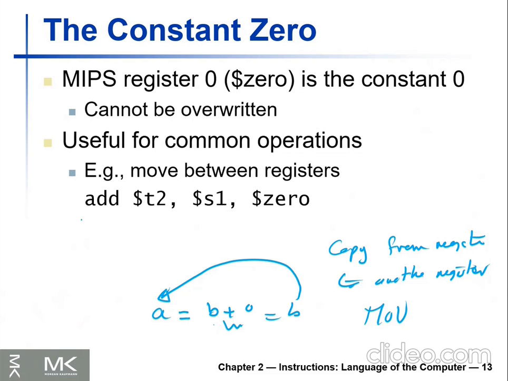So to do the move, we use add, the first register, the second register. This is the destination. This is the source. This is like A. This is like B. And you can say 0 or register 0. So there is a register made specifically for that operation, the move operation.